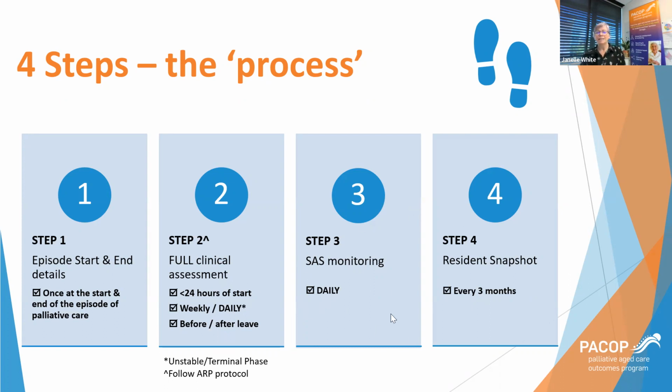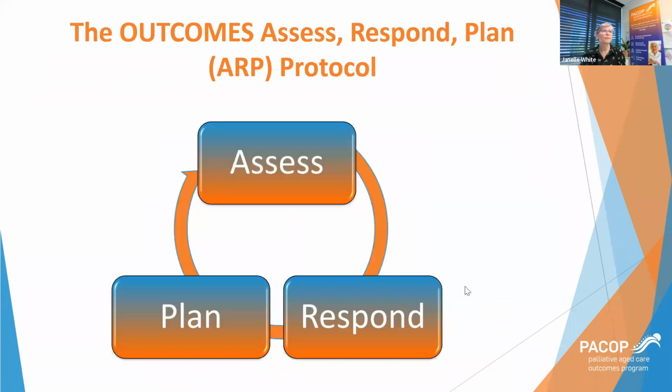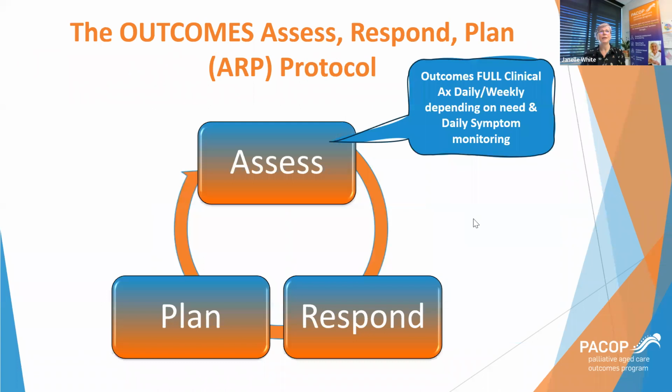SAS, as mentioned, the symptoms of every resident are monitored daily. And of course, the snapshot is every 3 months. So the ARP protocol is basically assess, respond, plan. So we assess according to the protocol, weekly or daily for full and daily for symptoms.